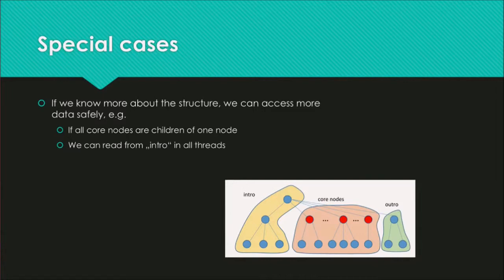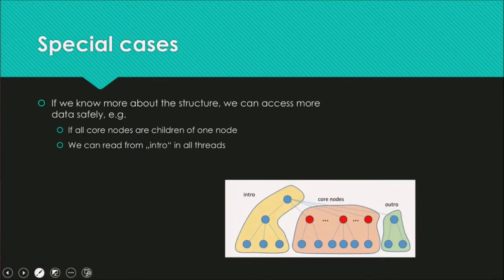We could read this intro in one part and then pass the information about it to all the other instances of Saxon, and when we are processing these in parallel, we could refer to the data that were in the intro. That's one thing that could be done.